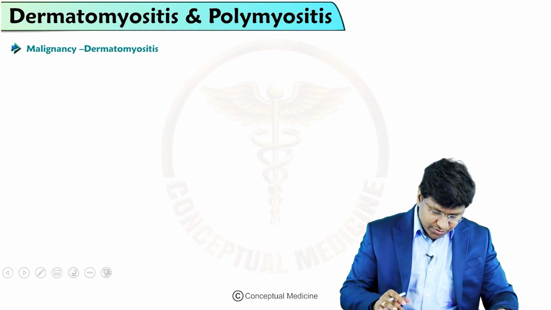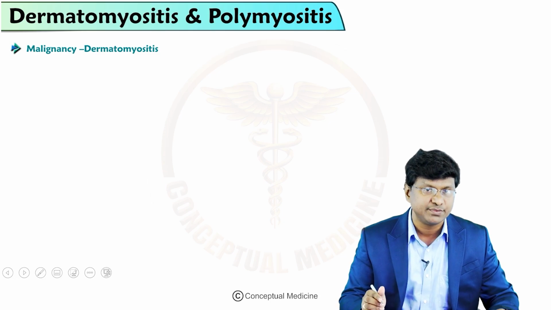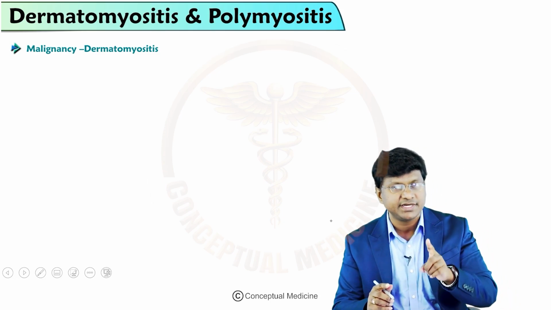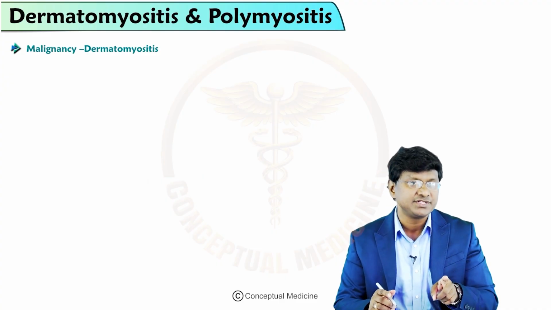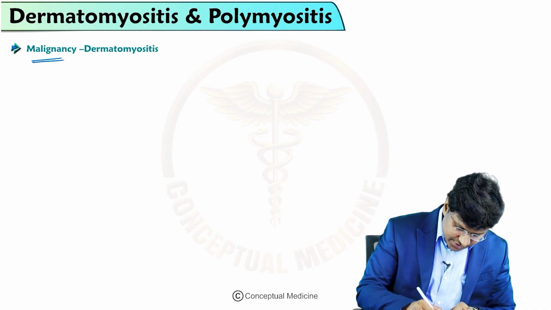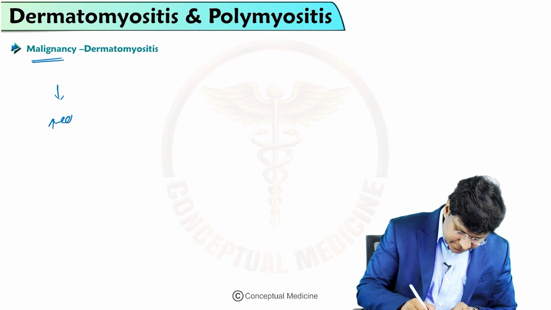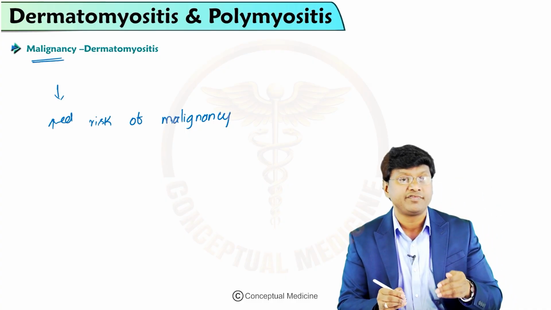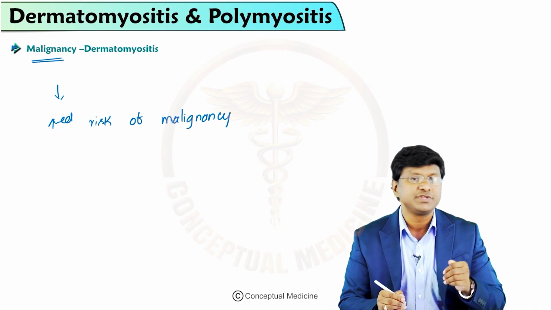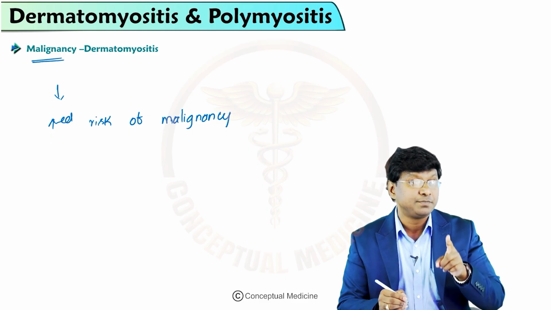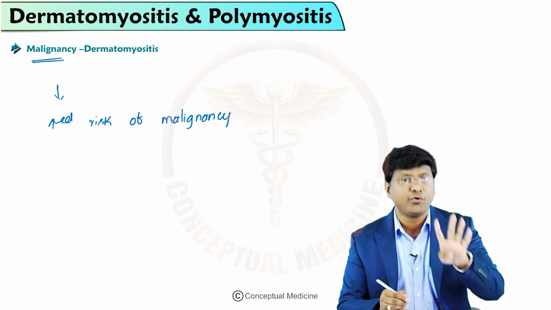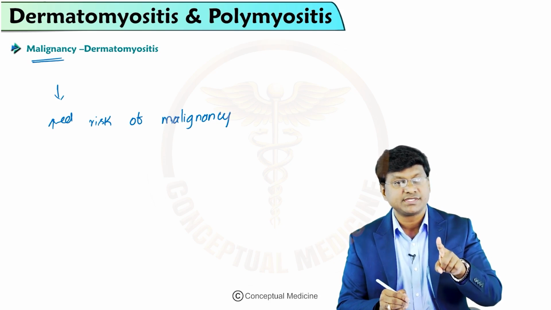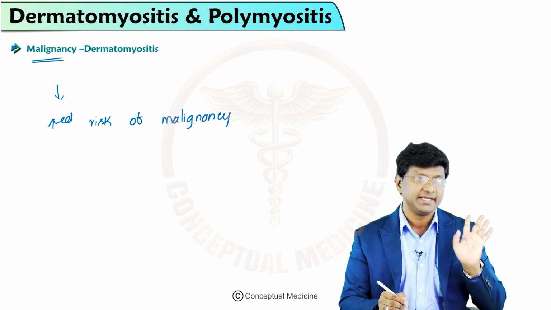Now, you need to know the malignancies which are associated with the dermatomyositis. Let me tell you, there is increased risk of malignancy in adult patients with dermatomyositis. Indeed, up to 1 patient in 4 with dermatomyositis has an occult malignancy.